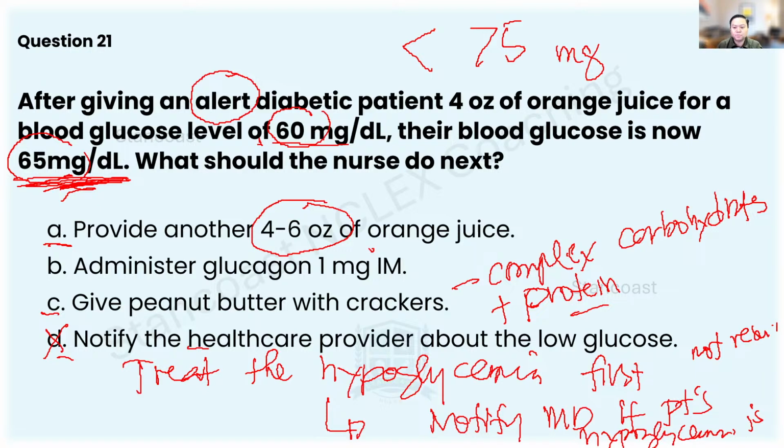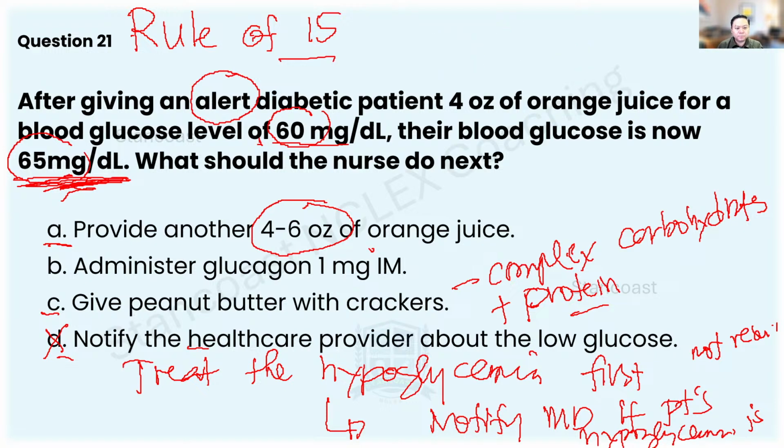That is the principle. Have you heard about what we call the rule of 15? Have you had this way back in your nursing? Rule of 15. What does that mean? Have you encountered this regimen? When you initially check the patient's glucose, especially if they are already hypoglycemic, on the first assessment, if they are below that 75 milligrams per dL, then you administer a fast-acting carbohydrate.